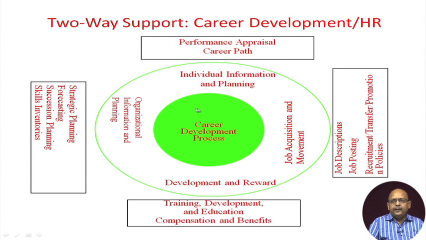Now, if you look at the career development process as such, we will discuss it at a later stage. It means that you are going to consider these 4 things. The first is how individuals are going to plan their career. Second, how they are going to get a job and move in the career.